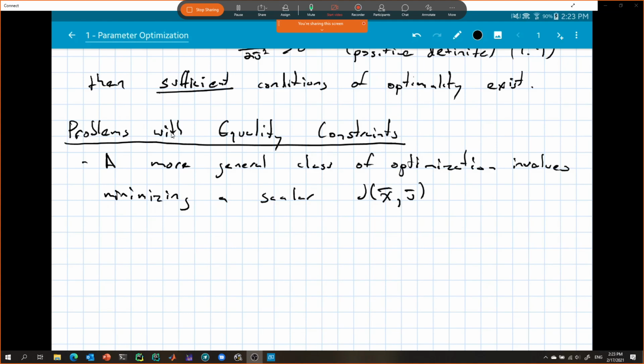So this time we added x, where this is called a state vector. The state vector x.